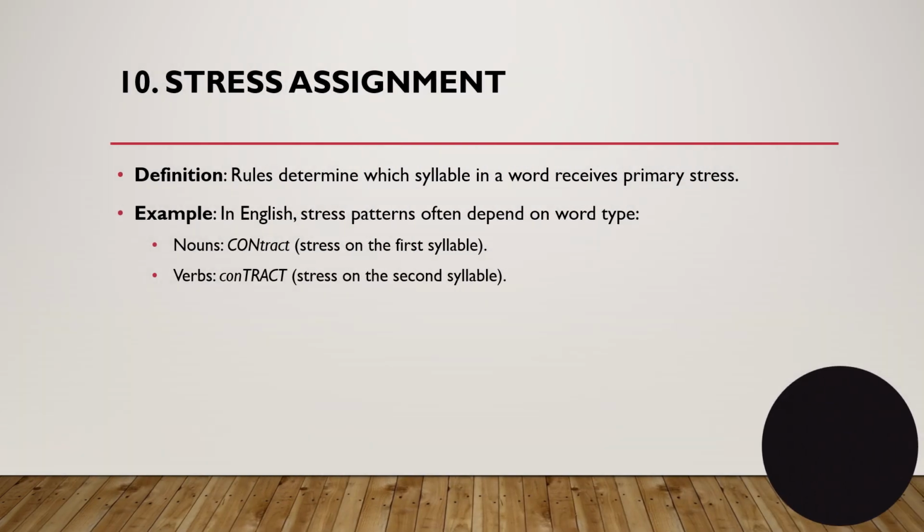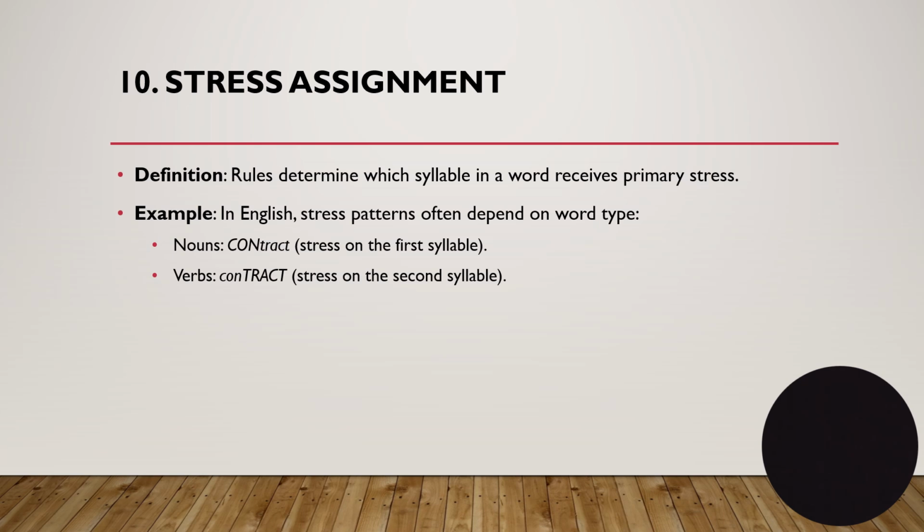Stress assignment: rules determine which syllable in a word receives primary stress. Example: in English, stress patterns often depend on word type. For example, in nouns, contrast, the stress is on the first syllable, while in verbs, the stress is on the second syllable, contrast.